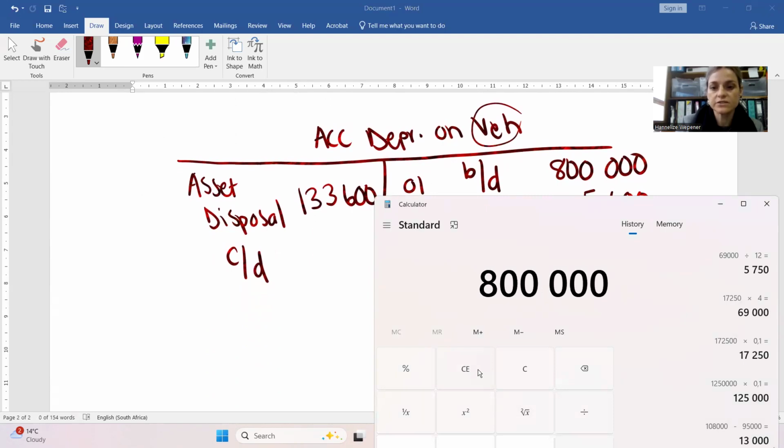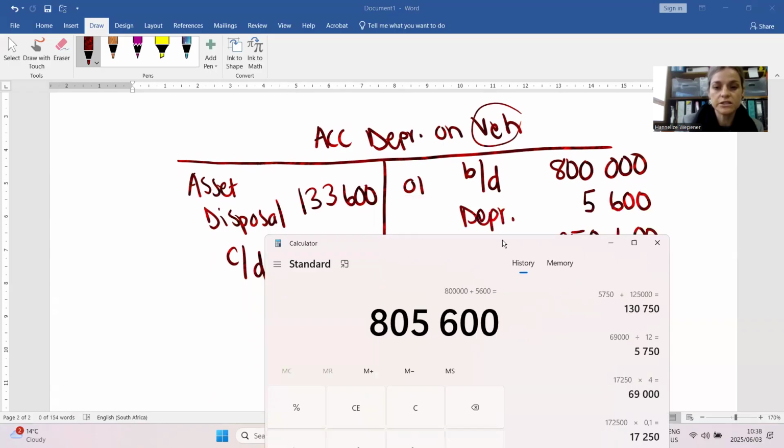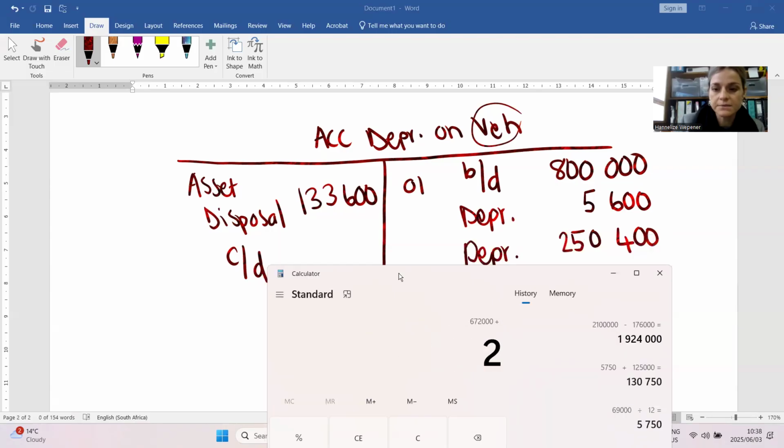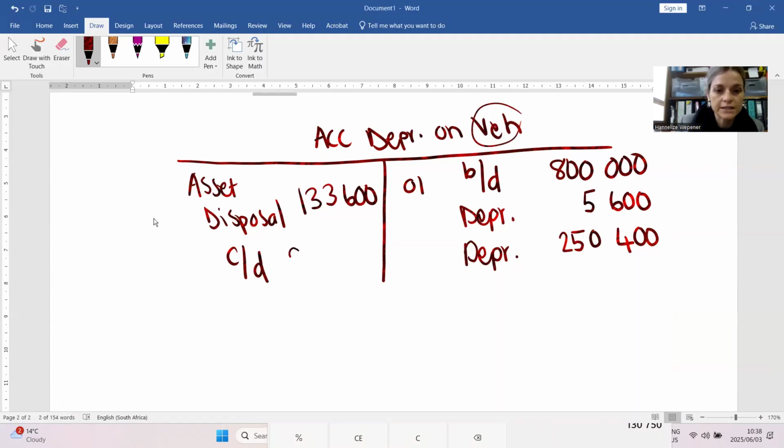So it's the 800,000 opening balance plus the depreciation on the disposal up until date of sale, minus the accumulated depreciation on that disposal up until the date of sale, plus my current year's depreciation for the vehicles that I owned for the full financial year, or at least up until financial year end.